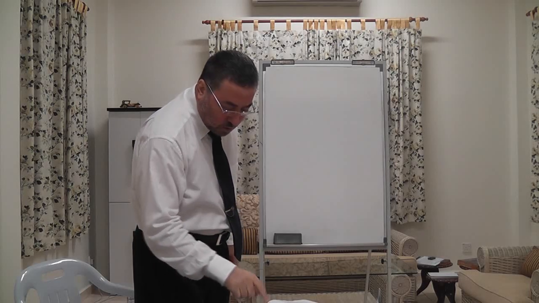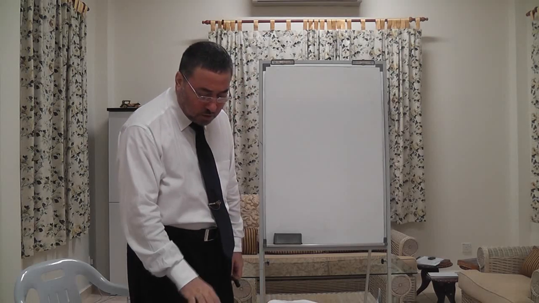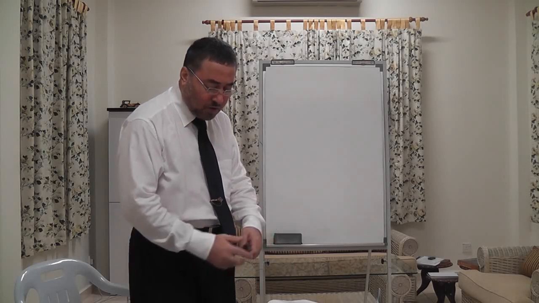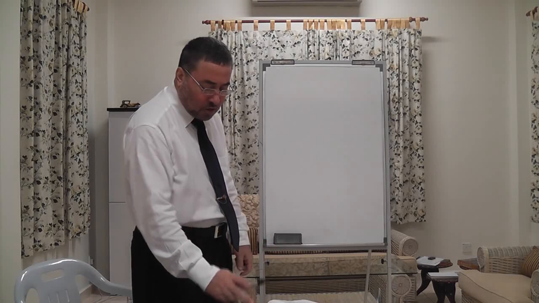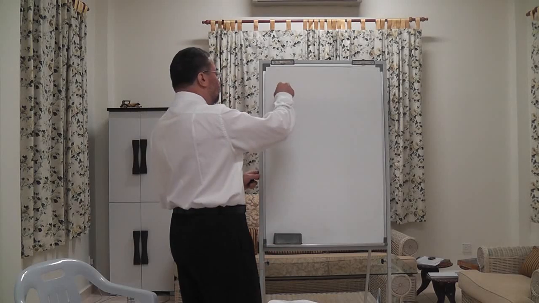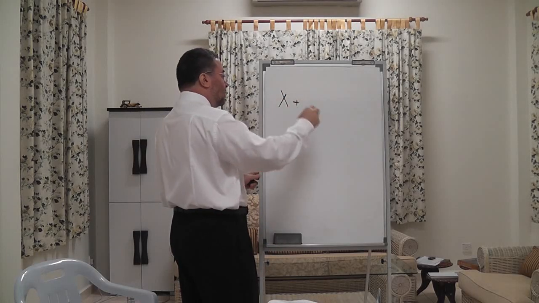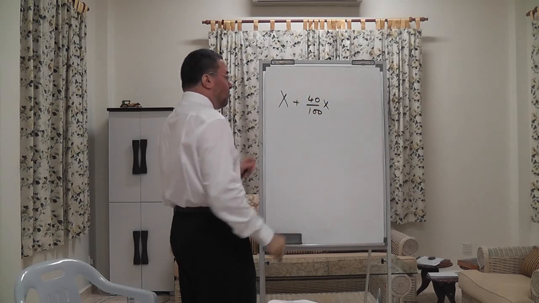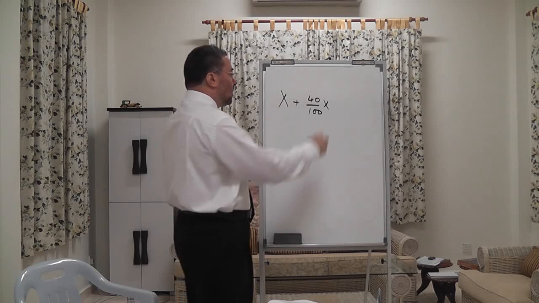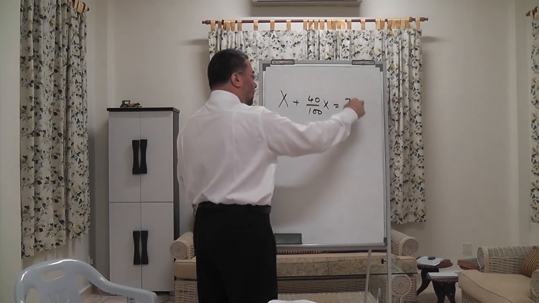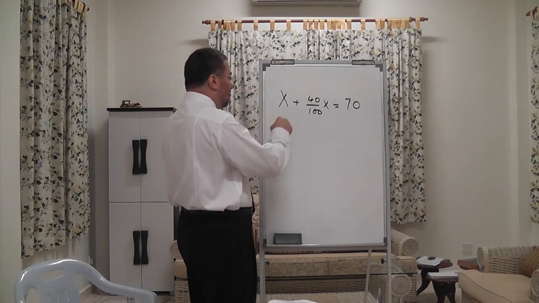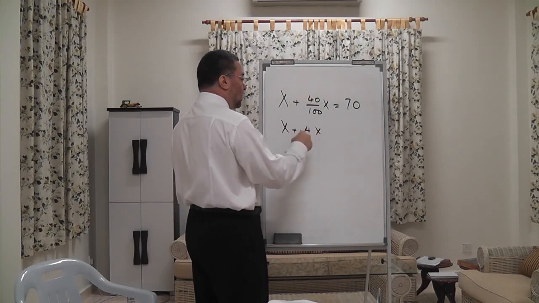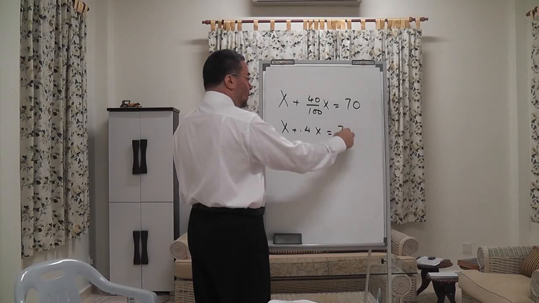Next is number 21. The selling price of a radio is $70. The profit is 40% of the cost. Find the cost. The cost is unknown, so that's x. And when you add to it 40%, that's 40 over 100 x, 40% of the cost, that's when you get $70. Here, x plus 0.4x, we change this to a decimal, equals 70.